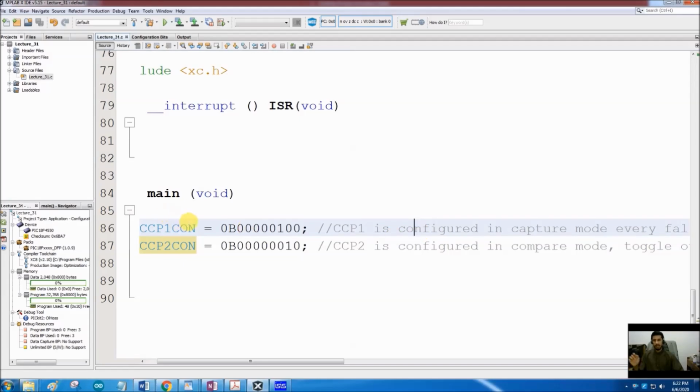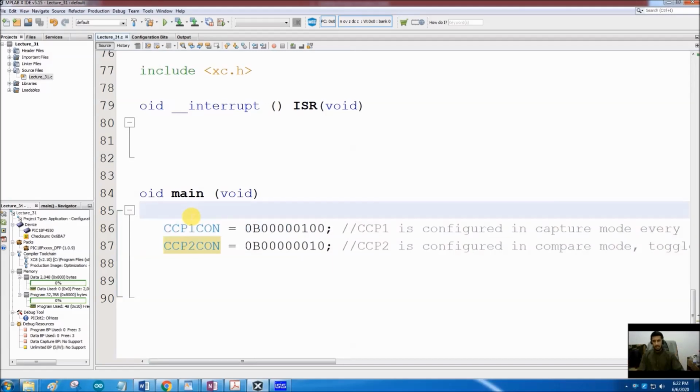Let me tell you that RC1 is by default associated with CCP2, so do not confuse that. RC1 is associated with CCP2 and RC2 is associated with CCP1.